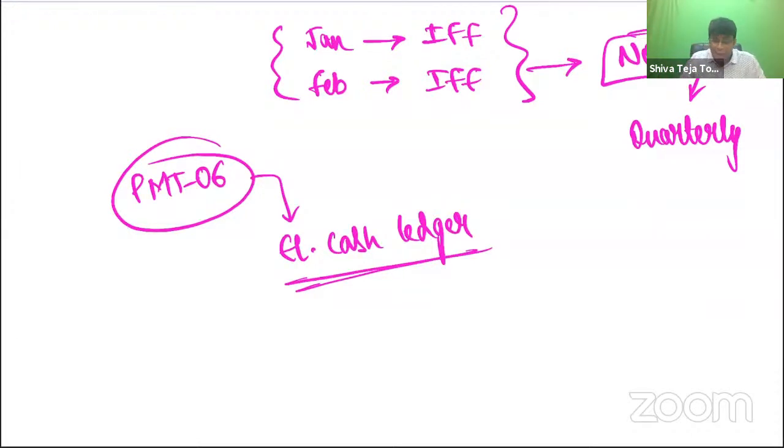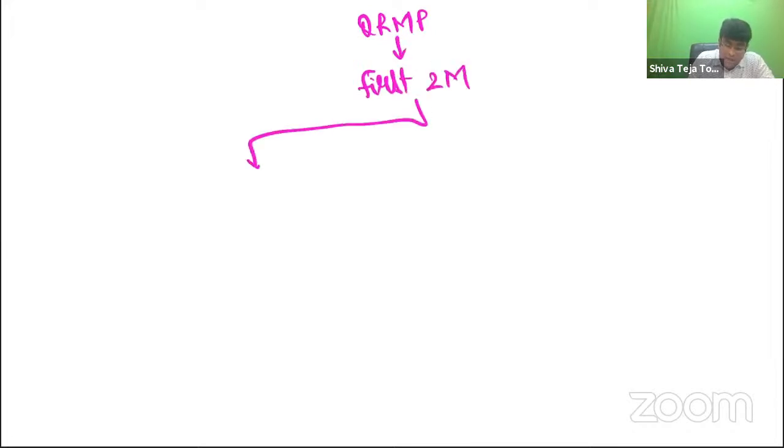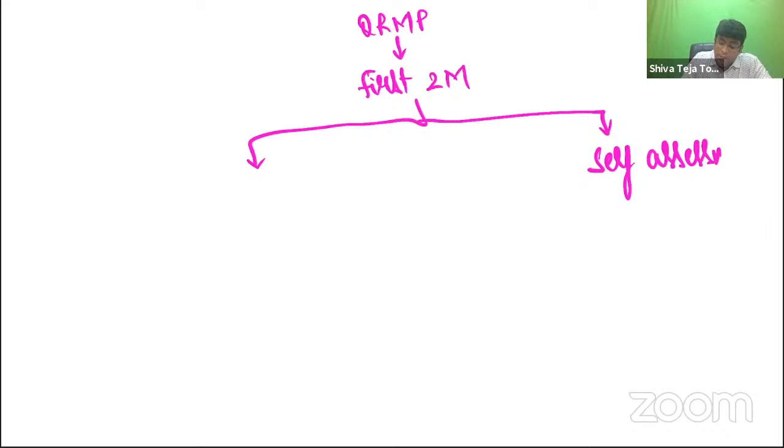Clear, guys? And one more special point, let me tell you here, that in this concept of QRMP scheme, for the first 2 months, for the purpose of payment of tax, you have got 2 options. One, self-assessment method. Self-assessment method means you yourself should calculate.